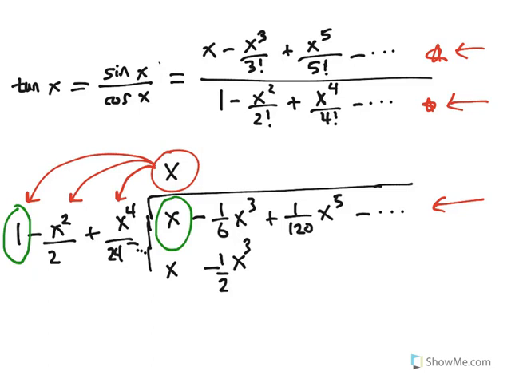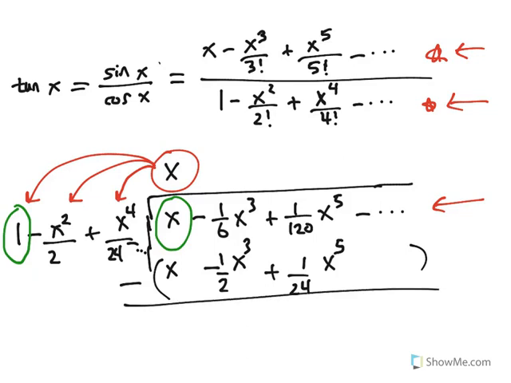And then I have x times x to the 4th over 24, that would be x to the 5th over 24. And of course, it would keep going, but I don't really need to worry about this because, again, all I want is the first 3 non-zero terms in the Maclaurin series for tangent. But I need to continue with the algorithm, which is to now subtract.